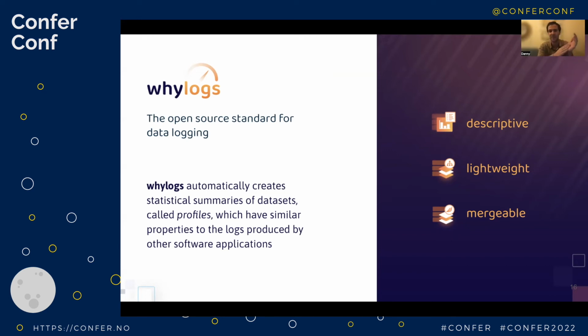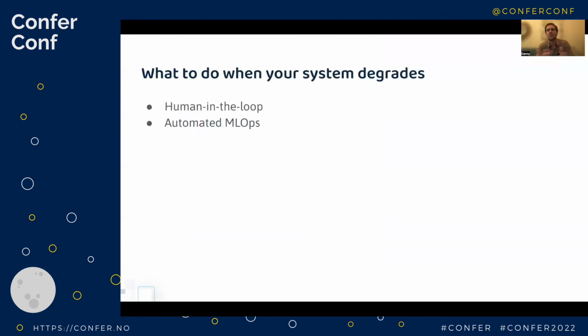It also allows you to monitor streaming systems. So if you've got Kafka or Kinesis, you can generate YLogs profiles based on those streams because of this property of mergeability.